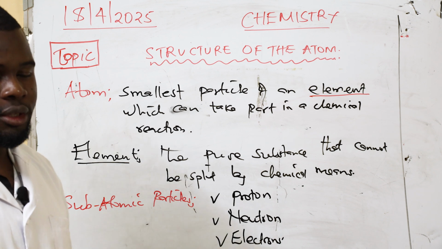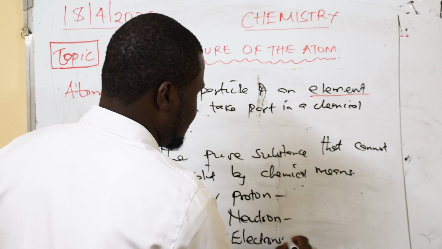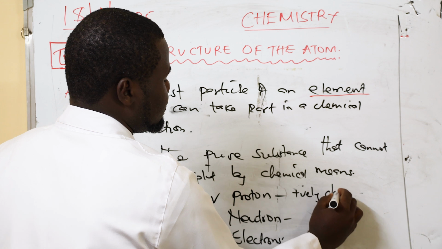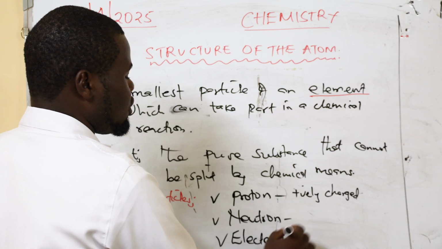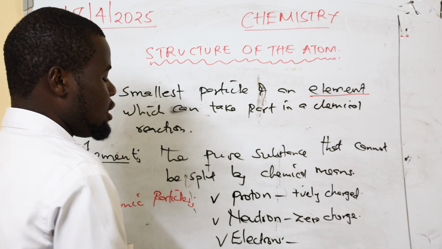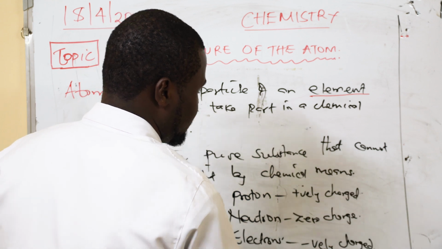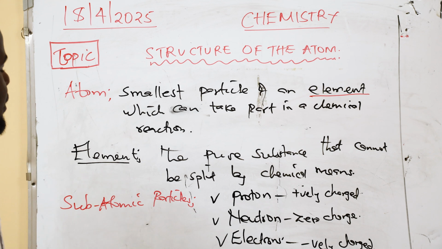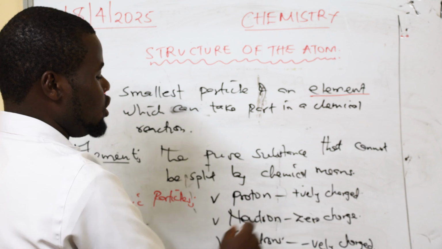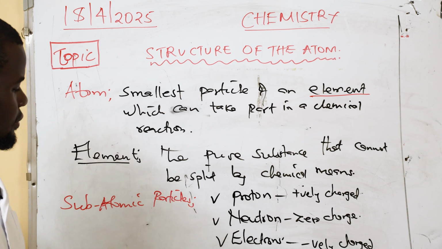When we talk about protons, we say something about their characteristics. Protons are positively charged, neutrons have zero charge, and electrons are negatively charged.